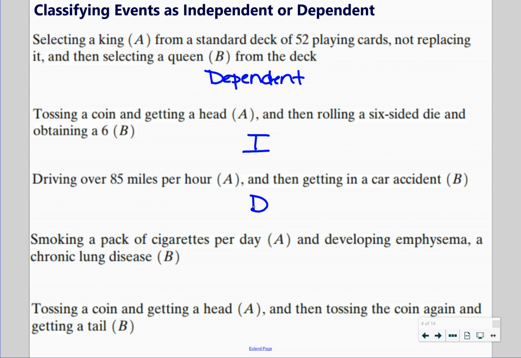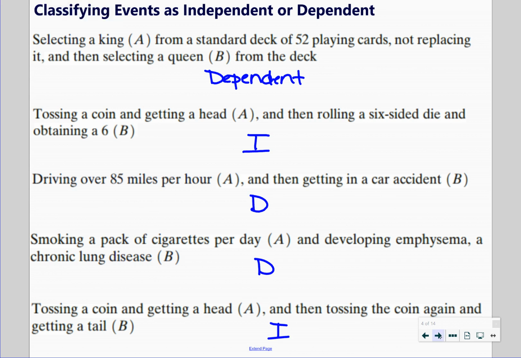All right, smoking a pack of cigarettes per day and developing emphysema. Independent or dependent? Do you think one affects the other? Dependent. Okay. Tossing a coin and getting a head, tossing a coin again and getting a tail. Independent. Okay. Any questions on independent, dependent?